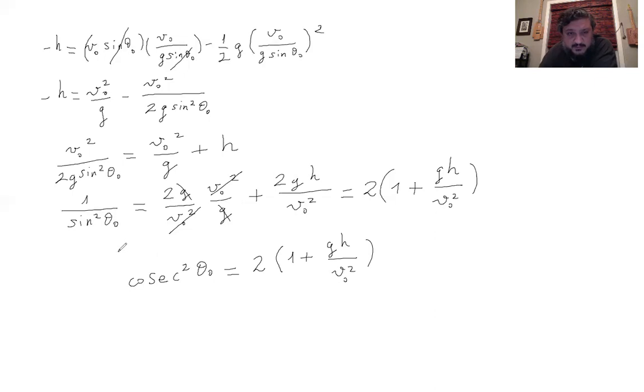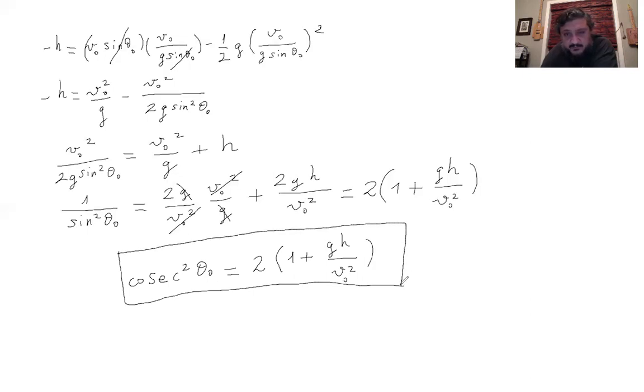Okay, so will it be 45 degrees? No. It's going to be a different angle. Maybe 43, maybe 41, depending on what your h is, all right? But that's the answer to part B of our problem.